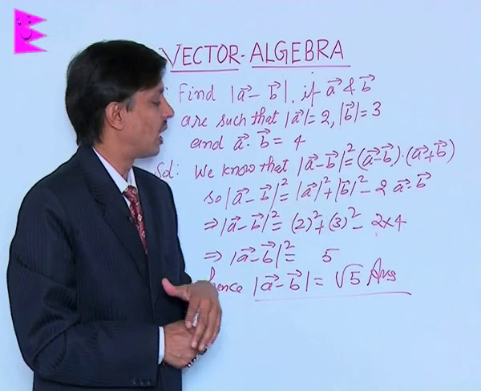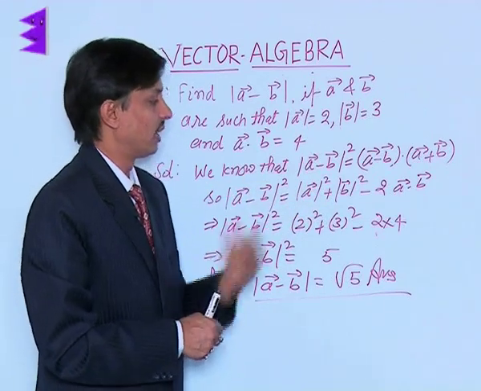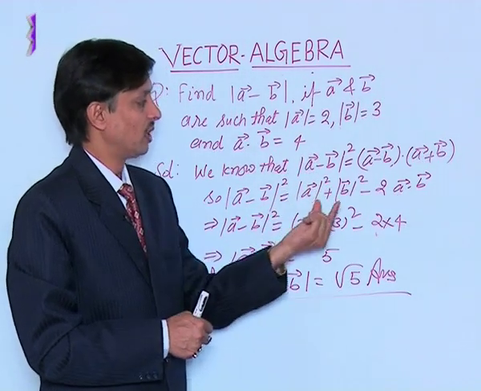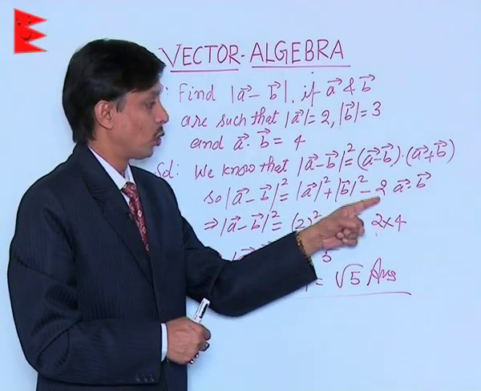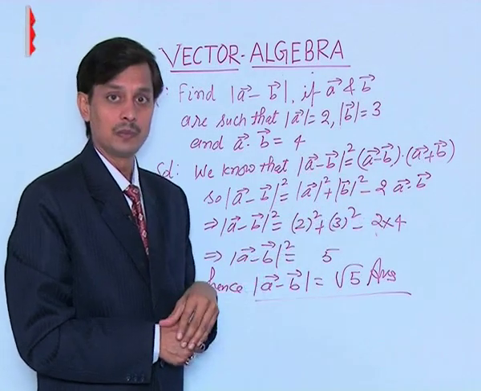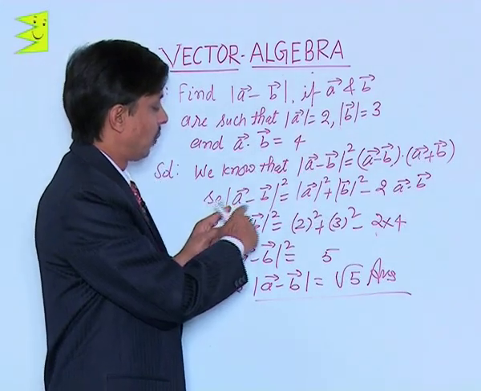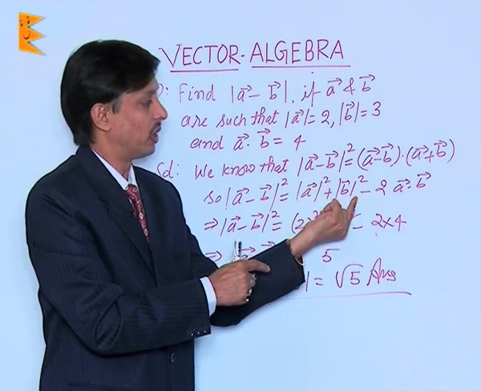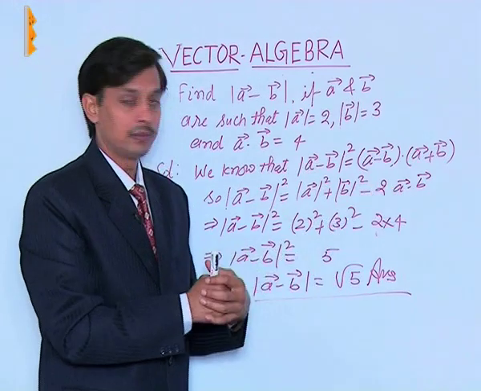So what we are obtaining here is magnitude of A square plus magnitude of B square minus twice of A dot B. So ultimately we are using that magnitude of A minus B whole square is equal to magnitude of A square plus magnitude of B square minus twice of A dot B.